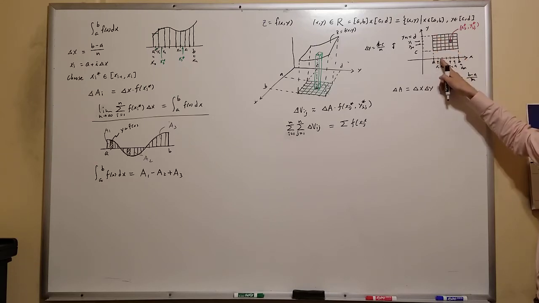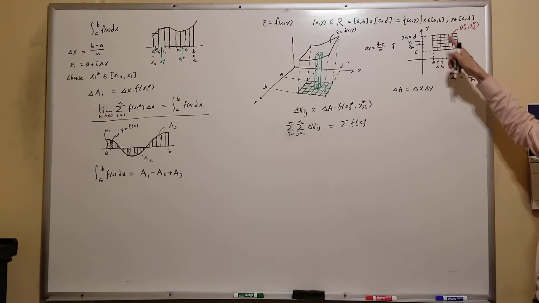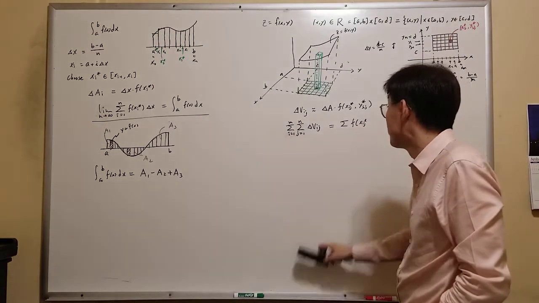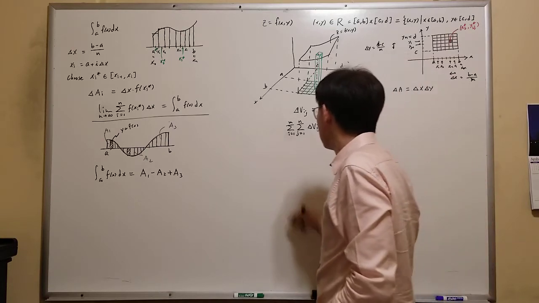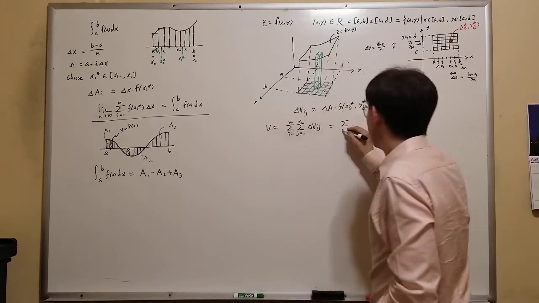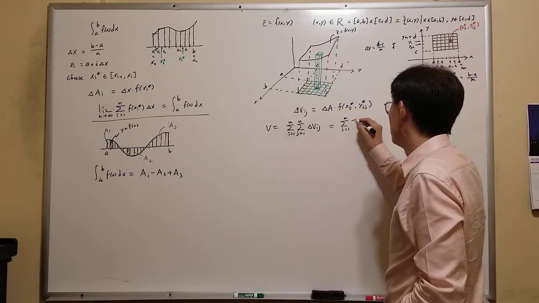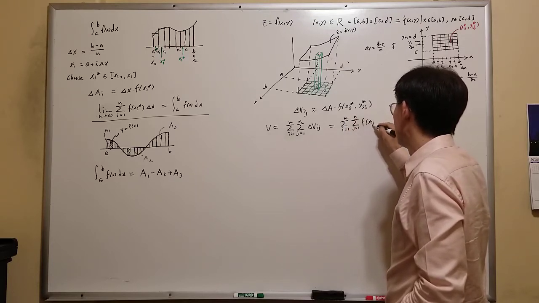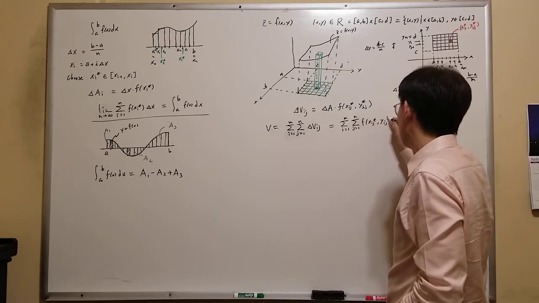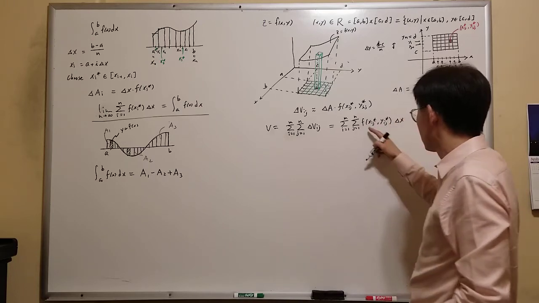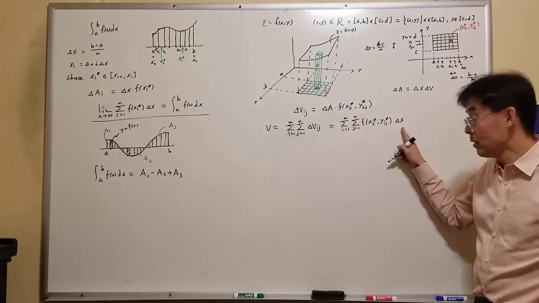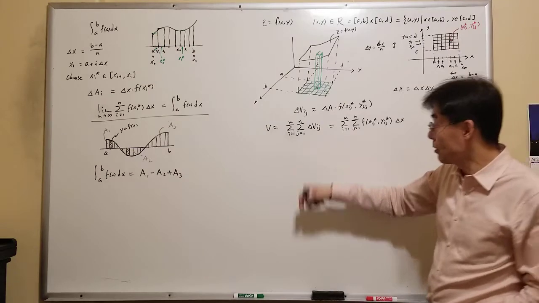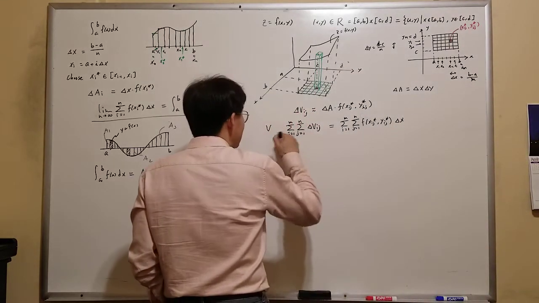For I equals 2, J runs from 1 through n. So you have a double summation. That is V, approximately the sum over I and J of f of x ij star, y ij star, delta A, the volume of each ijth rectangular column. That's an approximation, obviously.